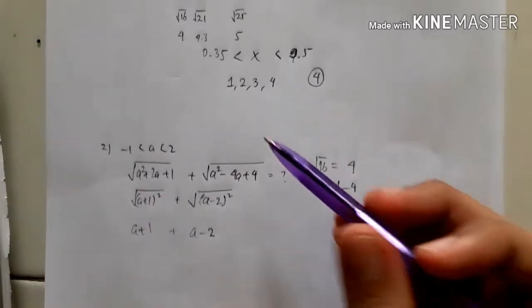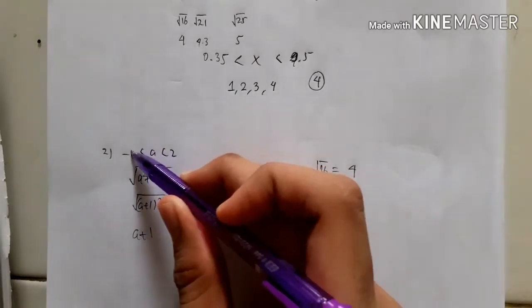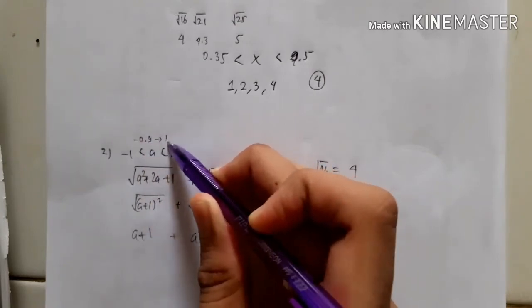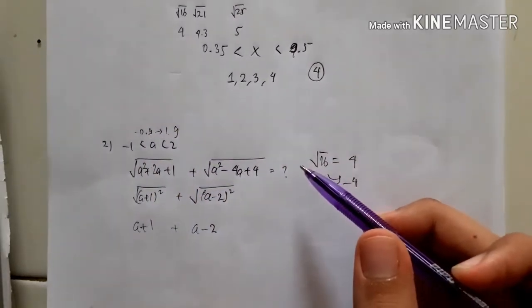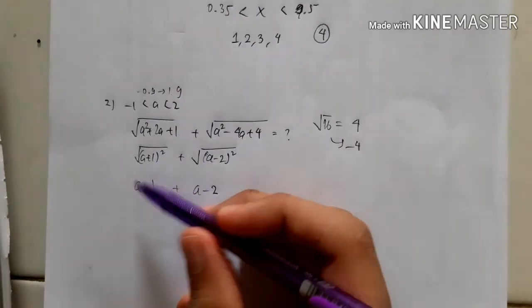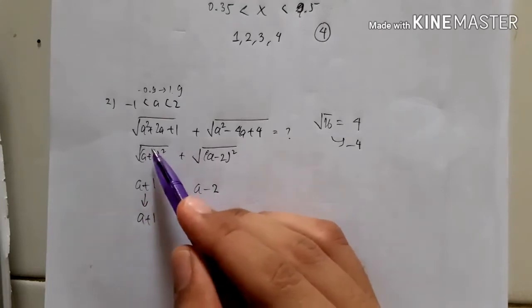So we use this interval to determine whether the result is the positive value or the negative value. We can predict that this interval is between 0.9 and 1.9, right? If we put any number from the interval in this formula, we get a positive value, so we can determine this root as positive.